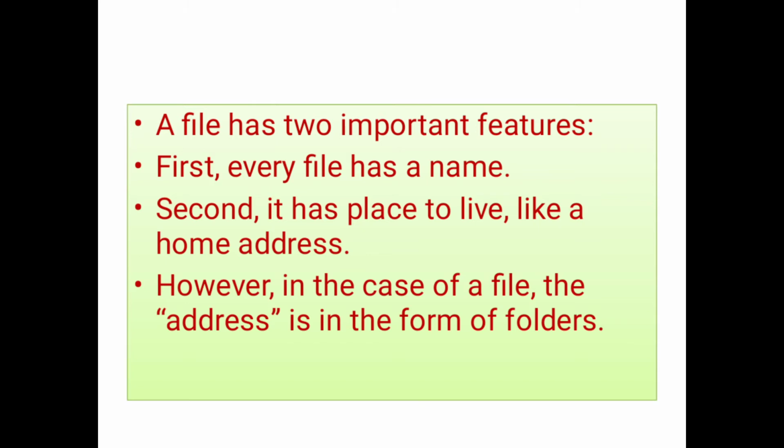Second point, it should have a place to live, like a home address. For example, the address of a file is considered a folder. Similarly, we humans should have a name, and we should also have a house to live in. That is called a home address.